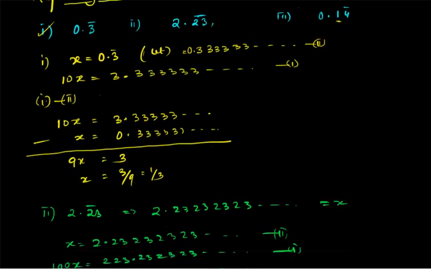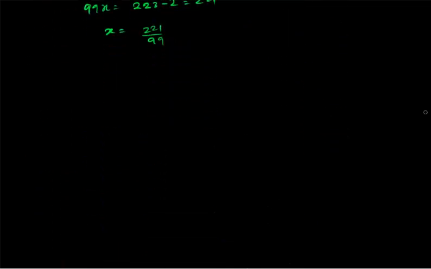Let's go for the next question. It was 0.14 bar, right? So let's do that, the third one, 0.14 bar. Now the bar is only above the 4. So it can be written as 0.14444444, and I'm taking it as x. So x equals 0.144444 and so on.